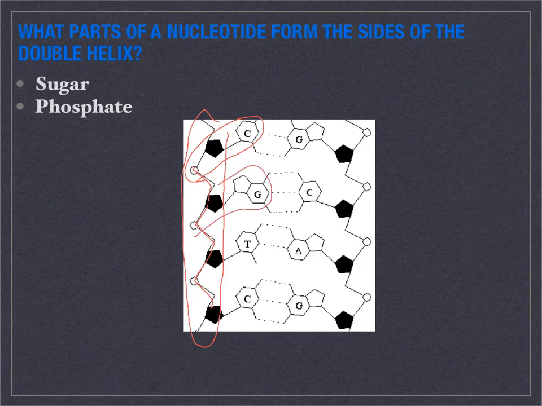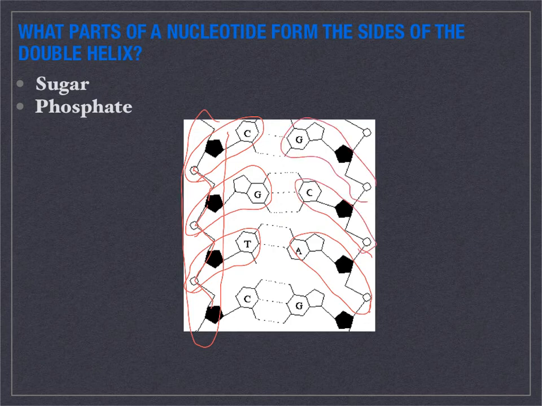Phosphate, sugar, and base. And the same thing on this side. So the sugar phosphate backbone makes up the outer rails, and the nucleotides make up the rungs.